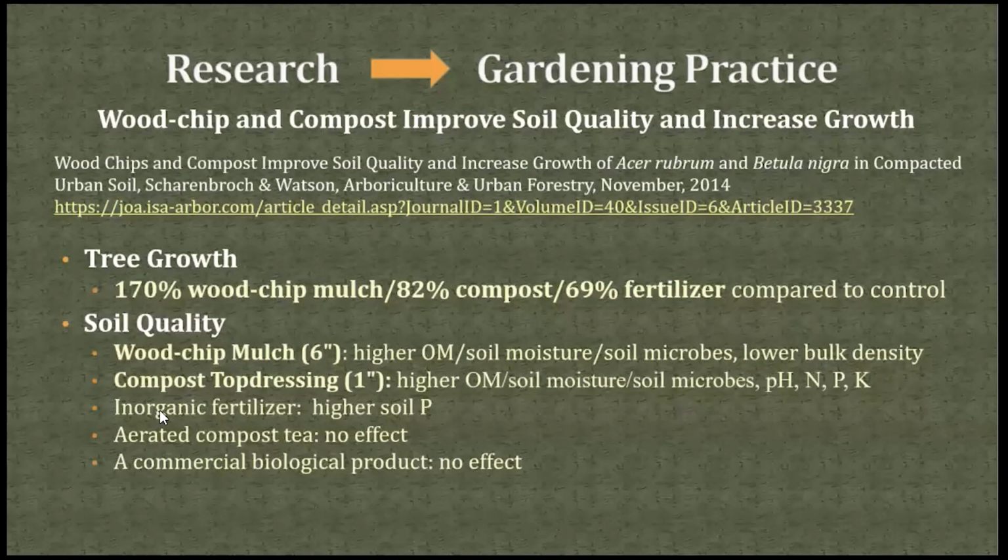The inorganic fertilizer ended up allowing the trees to grow faster compared to the control group. But compare that against the first 2 groups, wood chip mulch and compost top dressing. Well, I would say those 2 groups did better. So let's look at the details. In tree growth, the wood chip mulch group did twice, almost 3 times better compared to the control group that only had water.